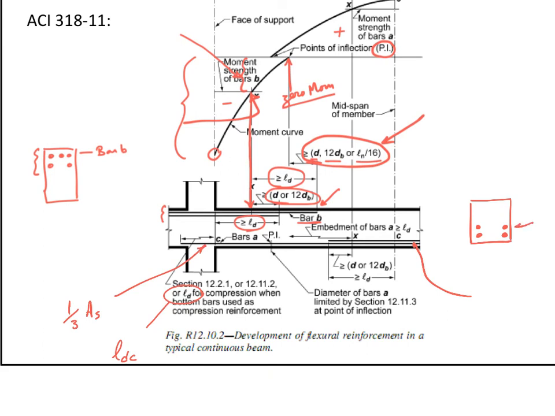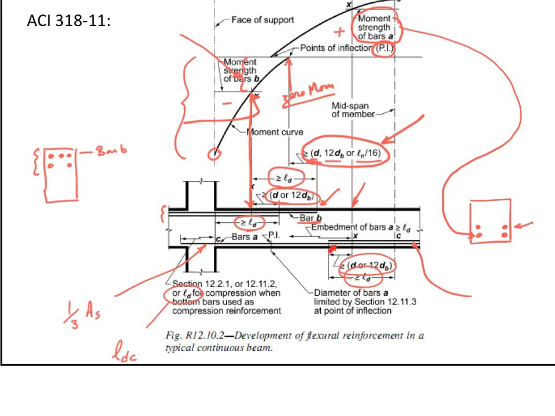Where do I stop those 2 bars? It is at the biggest of the 2 distances, Ld from the maximum moment, or d or 12 db from, what is this point? It's the point where your moment strength of the bars A continue. What are the bars A? These are the bars that will continue all the way to the end of your span.